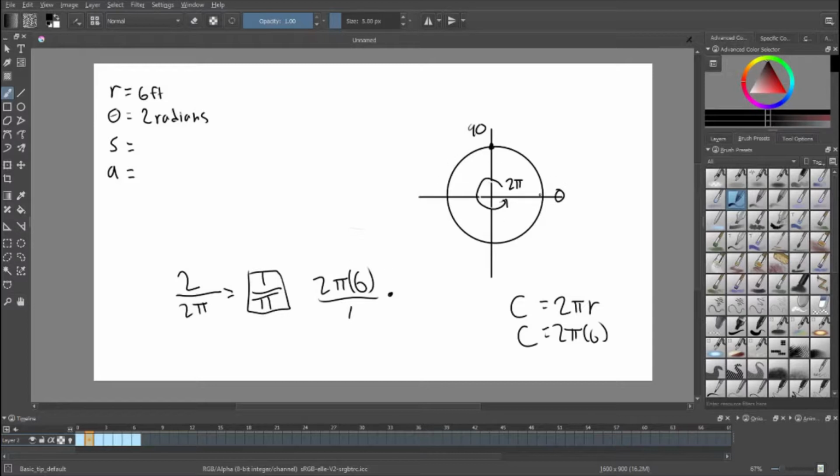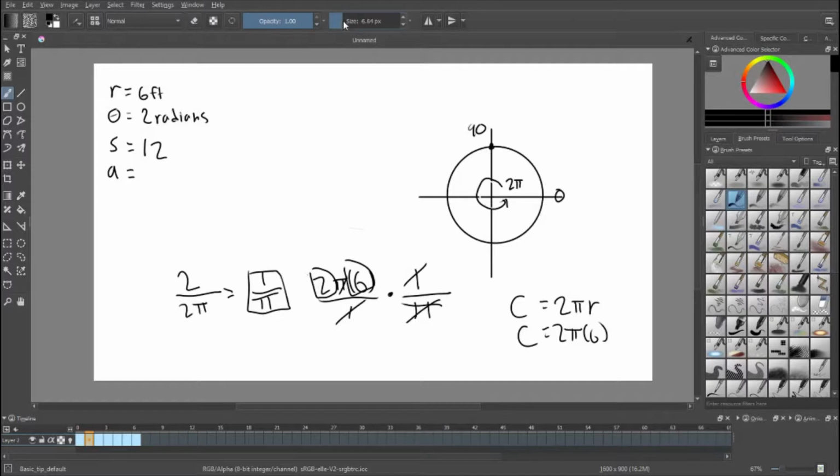We're just trying to find the part for this ratio. So by multiplying it by the ratio, you only get the one section that you need. So we're going to cancel that out, cancel this and that, and so all you have to do is just multiply these two numbers, and you would have 12 for your arc length.